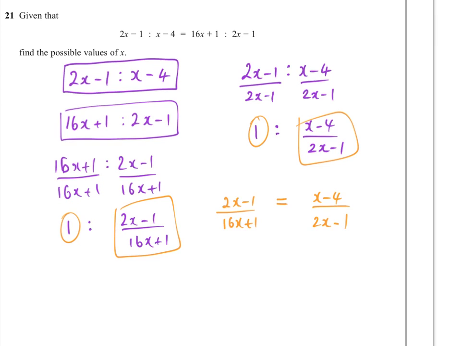Now, that I found reasonably difficult. Now, if I multiply this out to solve for x, then I can do some cross multiplication. If you're not okay with that, then you need to look at some of my other videos on algebra. But if you are, then if we times both sides by 2x minus 1, we'll have 2x minus 1 squared, and then times both sides by 16x plus 1.